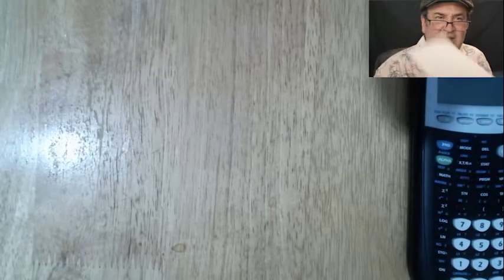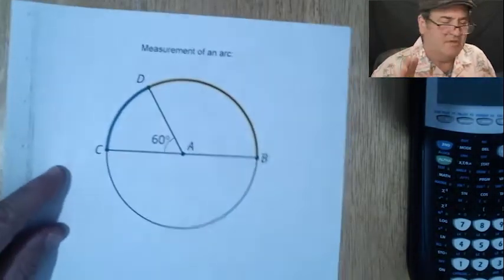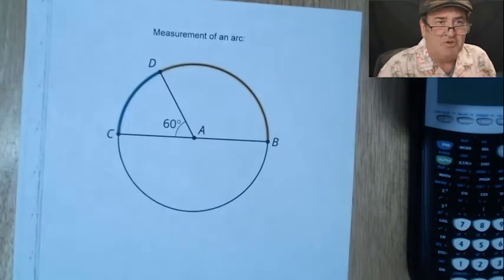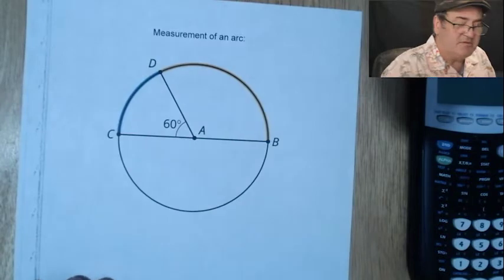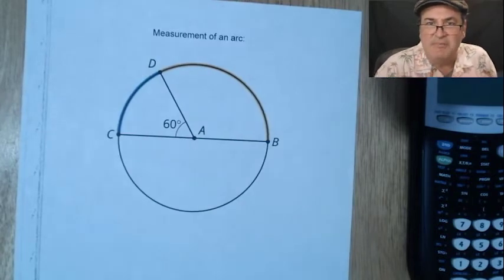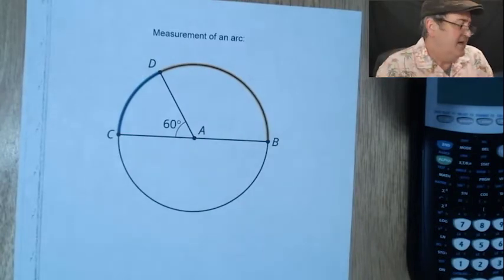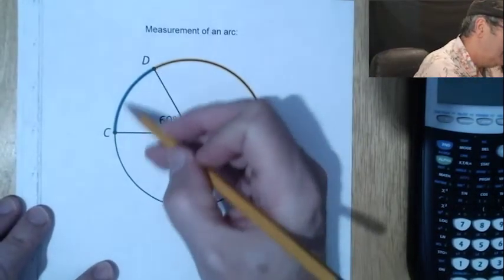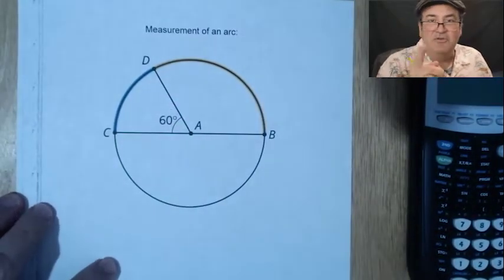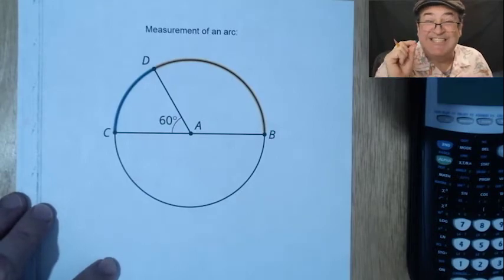Let's look a little bit at how we get the measurement of these things. The measurement of an arc. All right, so we know how to define how many degrees an angle is. We can measure that. We have our protractors that we can do that. We can figure out how big that is. So how big is this? Arcs use the same measurement as the central angle.